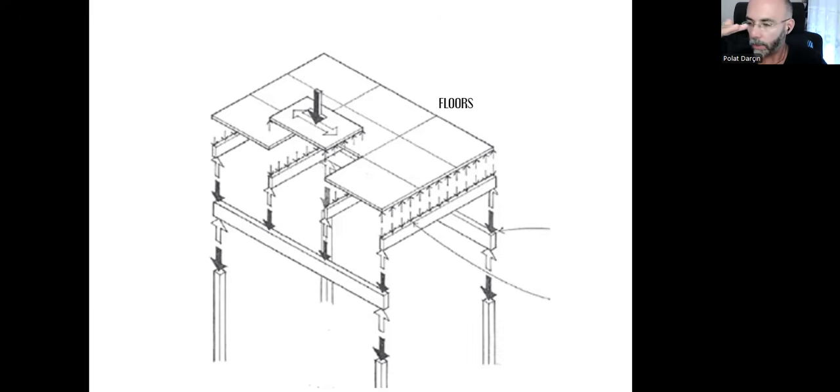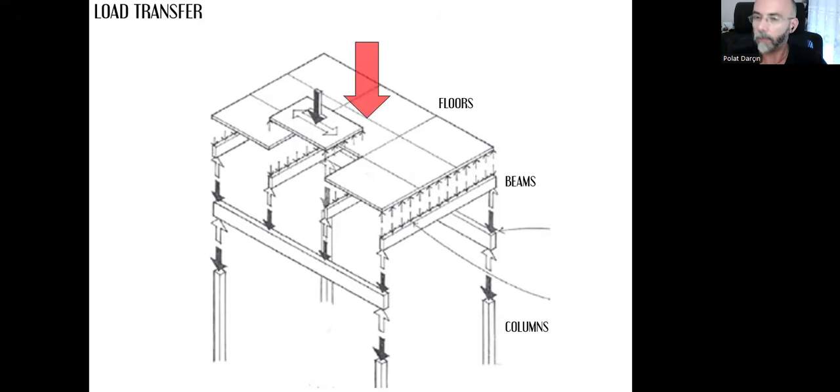First, we have these horizontal floor surfaces. And then we see horizontal lines, which we call beams. And then we have these vertical lines, which we call columns. The transfer is starting from the upper side when we step on a floor as the users.